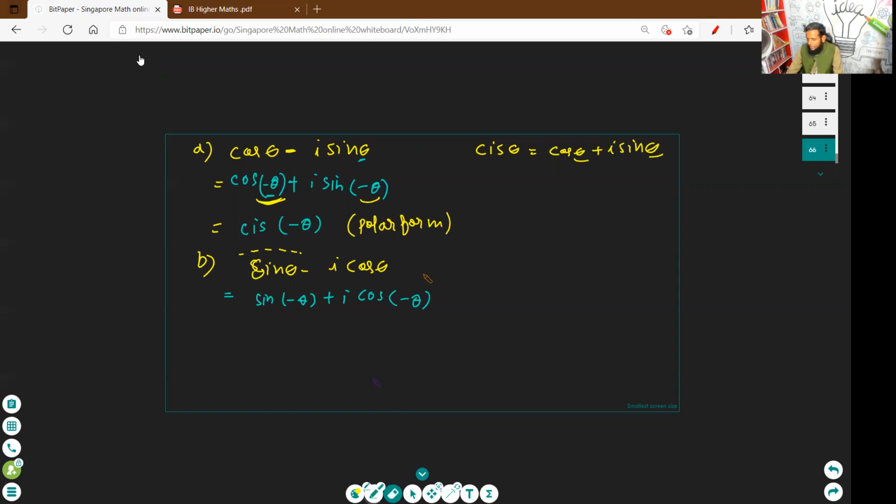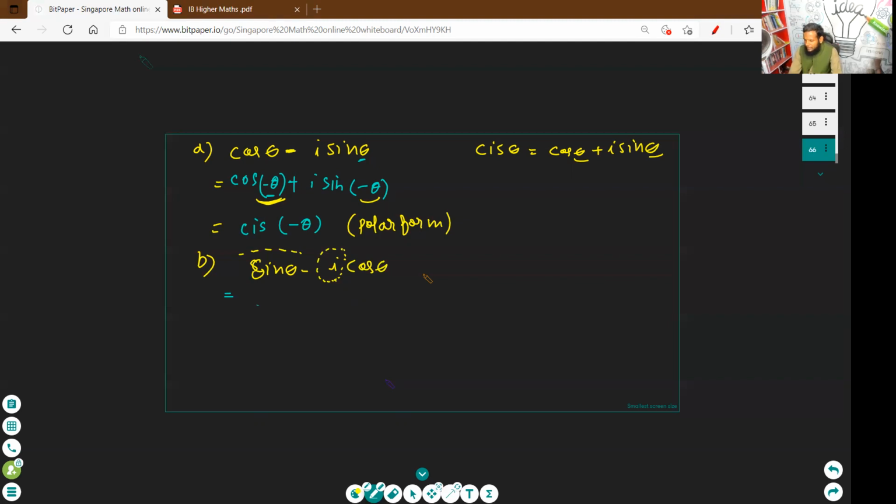So you understand that? In cis form, we don't need iota here. So first you change the order. First write the cos term and then write the sin theta term.